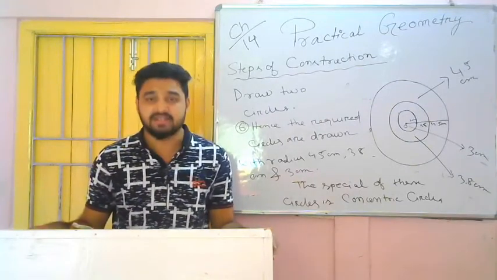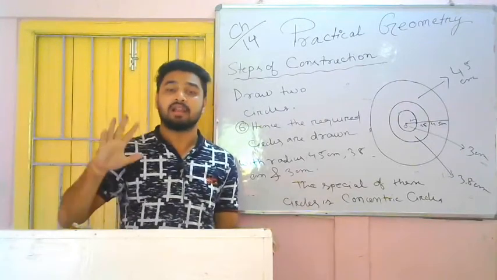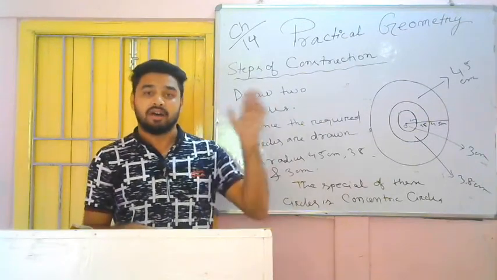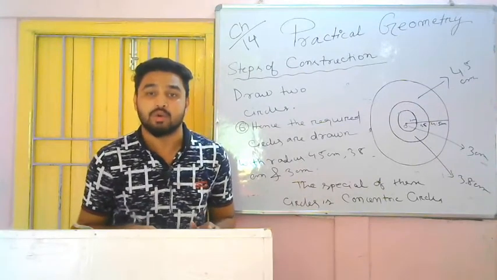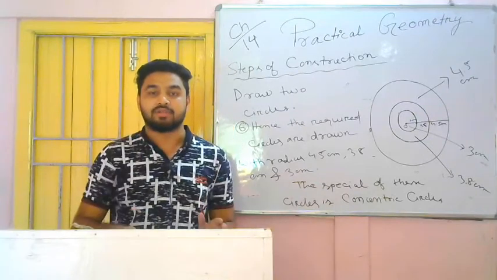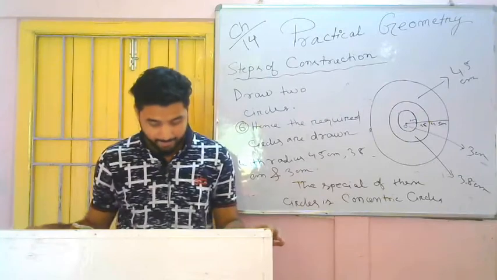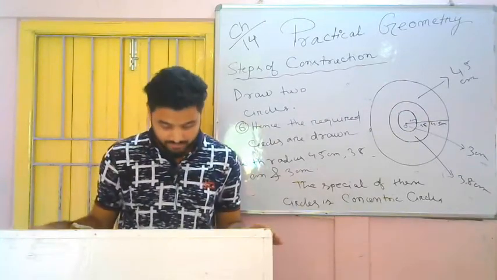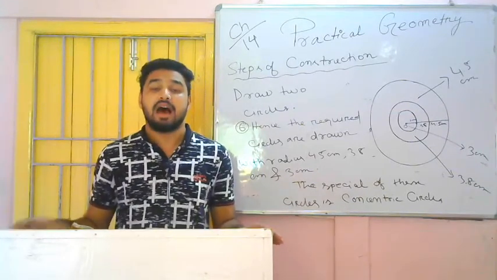Draw any two of its diameters. After drawing the circle, we have to draw the diameters. In the first portion of the class, I have already discussed what a diameter is. We have to draw 2 diameters, not 1. What figure do you obtain? After drawing the diameters, join the ends of the diameters.